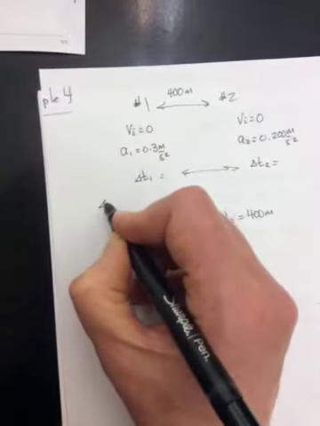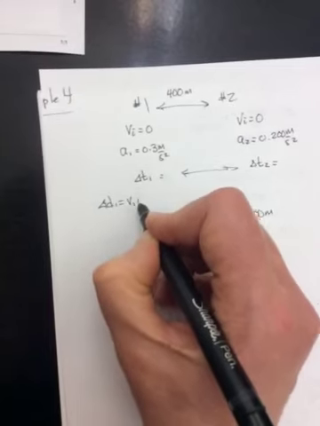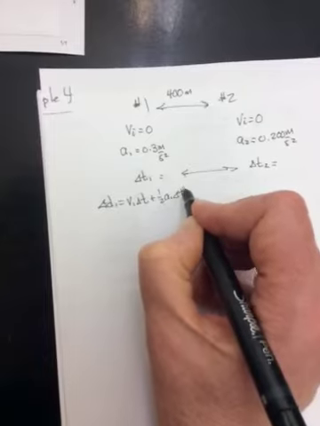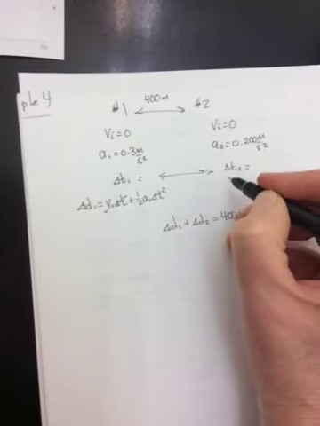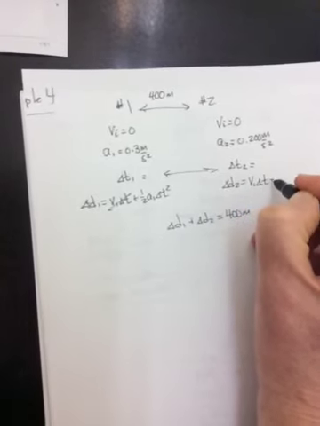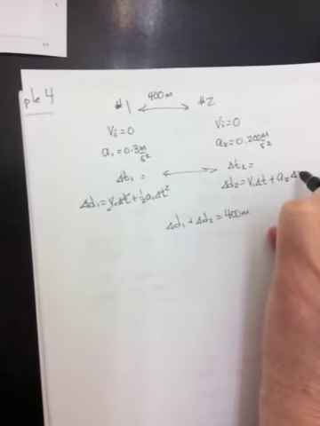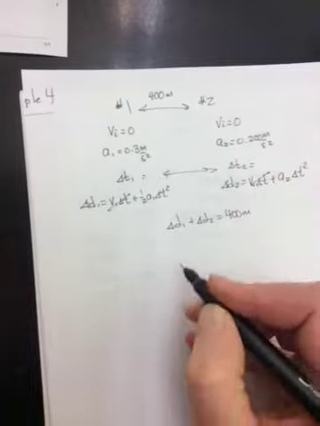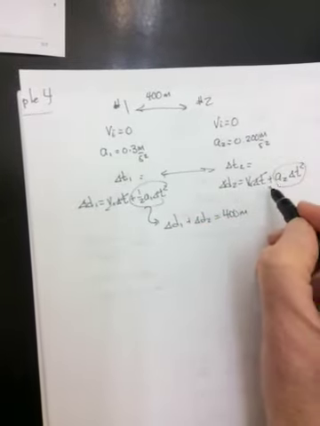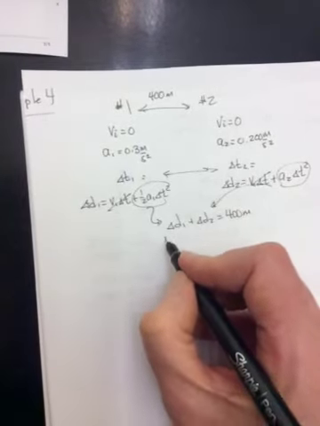So we need an expression for delta d1, and it's going to be V_i delta t plus 1/2 a1 delta t squared, and the V_i is 0. An expression for delta d2 is going to look very similar, except it'll be a2, and the V_i is 0. So we're now going to take this and fill it in where d1 is, and this and fill it in where d2 is.